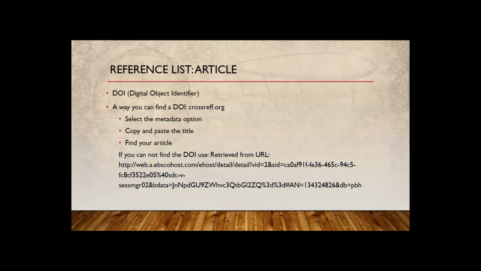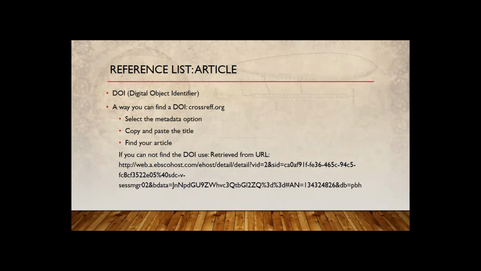Okay, so we'll go over the DOI, which is the digital object identifier. This goes at the very end of your article, and it is a must-have, especially for newer articles, because every new article, I think past 2003, has one. Articles from 2003 and older usually do not have DOIs, and sometimes you'll have to play with it.